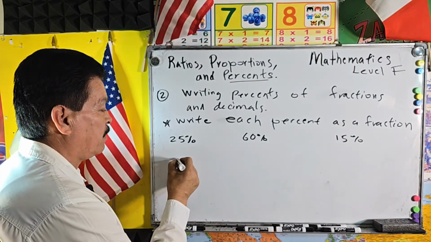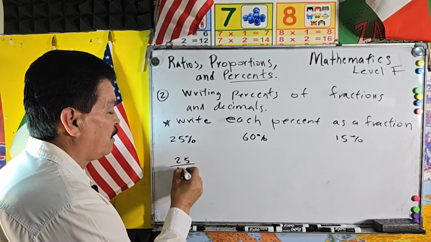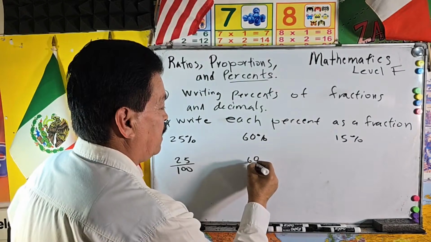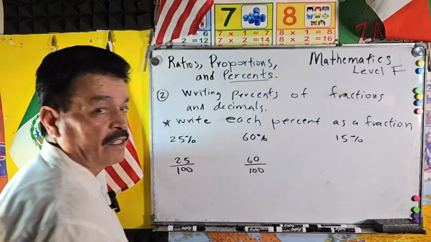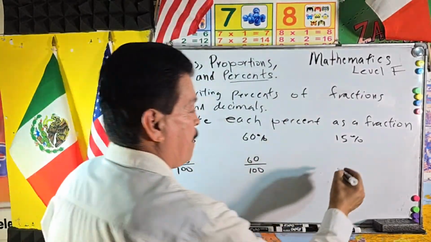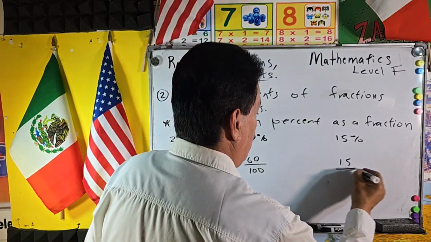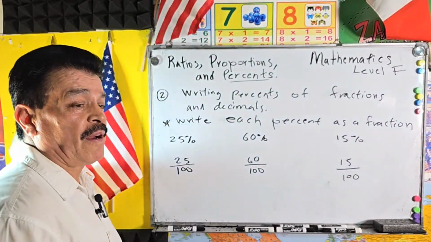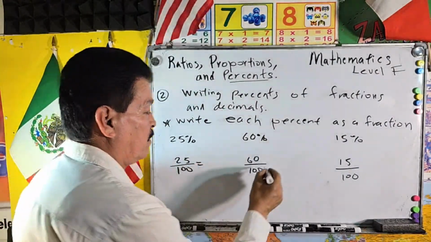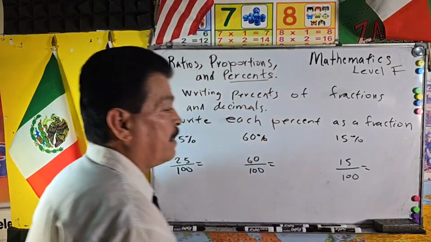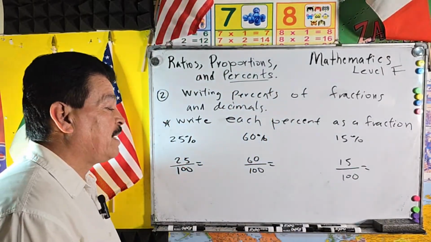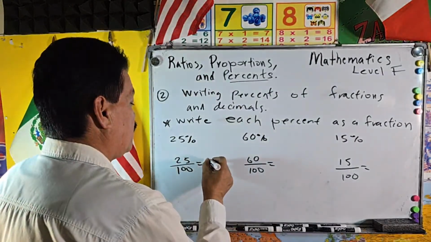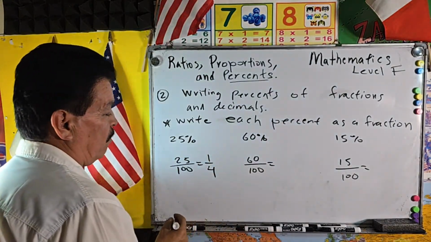So we have 25%, then 60%, then 15%, talking about percent. But we have to simplify this fraction. Remember, write the simplest fraction. Here, this is equal to 1/4.